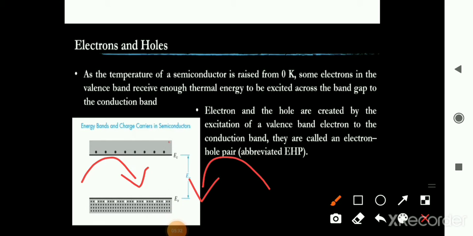So if an electron is moving in this direction, in some other combination the electron may move in the opposite direction also. So the net at that point will be 0, because force is applied on both sides. The net force at that point is 0.